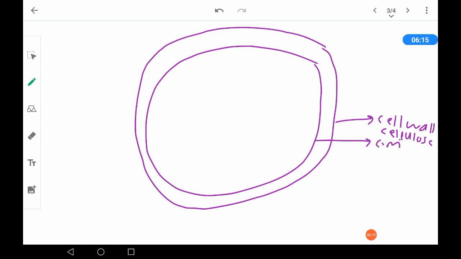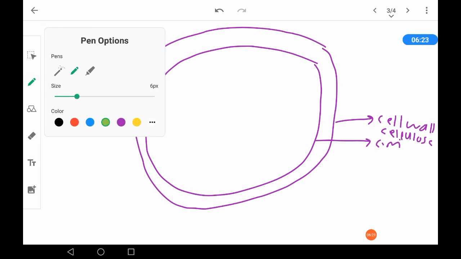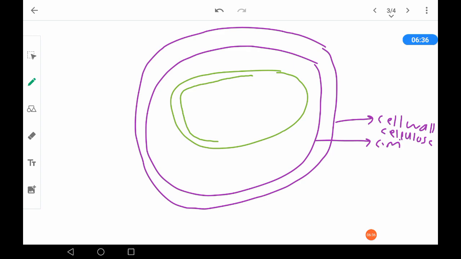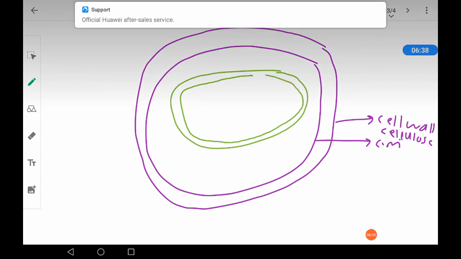Inside the plant cell we have an organelle which is responsible for the photosynthesis process, and we don't have that organelle in animal cells. This organelle is the chloroplast. It is a double membrane organelle.